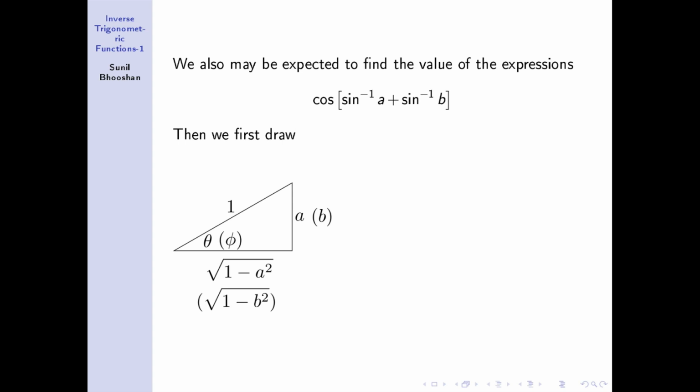And then we draw this right angle triangle in which theta is the angle and A is the opposite side, 1 is the hypotenuse, and the square root of 1 minus A squared is the adjacent side. When phi is the angle, B is the opposite side, 1 is the hypotenuse, and the square root of 1 minus B squared is the adjacent side.